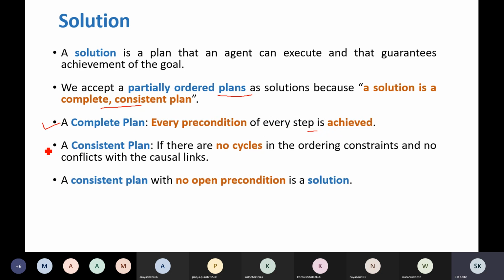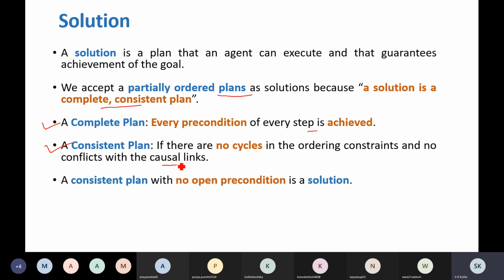And in a consistent plan, there are no cycles and no conflicts with the causal links. So in a complete plan, every step's preconditions will be satisfied. In a consistent plan, there are no cycles and no conflicts with the causal links.